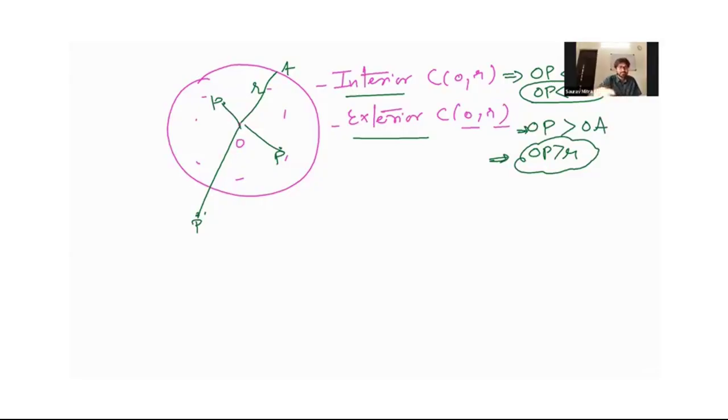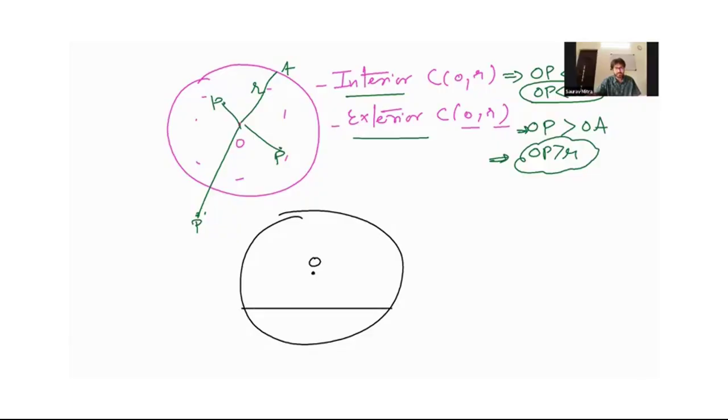Next definition is a chord. Since this is your center, any line which does not pass through the center will be called a chord. In this sense, AB will be noted as a chord.